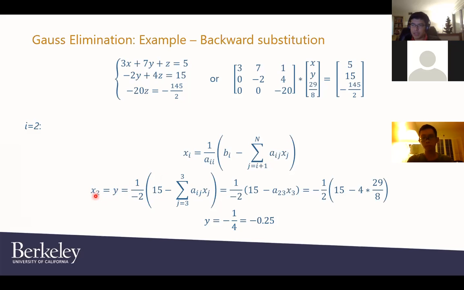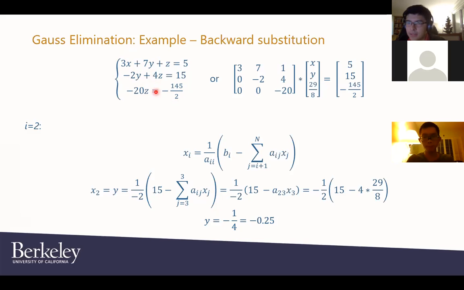So we have x2, that's our second variable, or y, equals 1 over aii, the coefficient of y, so 1 over -2, times bi, that's the constant of that equation, 15, minus the summation of j equals 3 to 3, so just j equals 3, of aij, i equals 2 and j equals 3, so row 2, column 3, this coefficient 4, times xj.